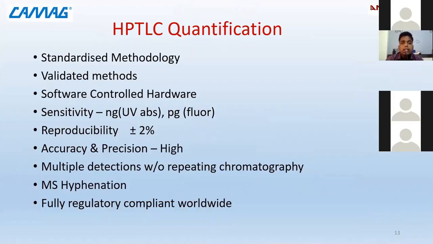After that, the sensitivity of this instrument goes to nanogram in UV light and picogram in fluorescence light. Then reproducibility is plus minus 2%. Accuracy is very high. You can do multiple detection without repeating the chromatography. MS hyphenation technique is there and it is fully regulatory compliant worldwide.